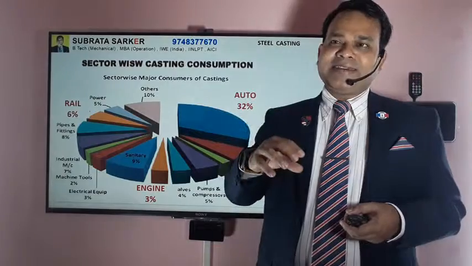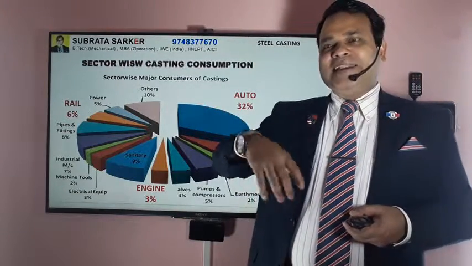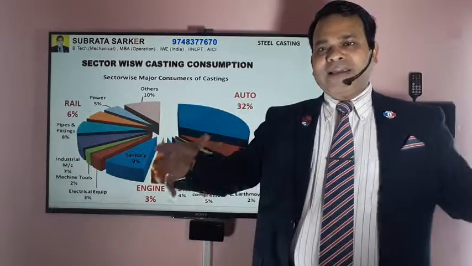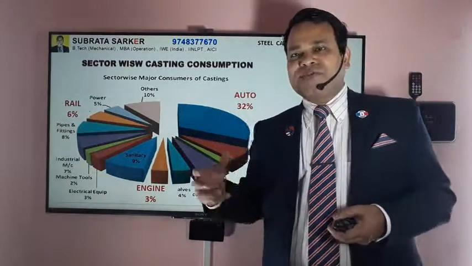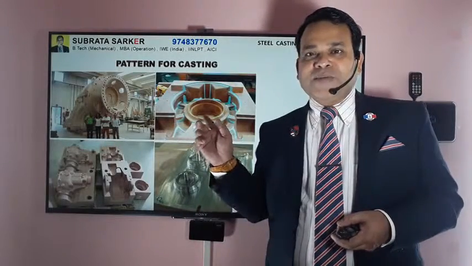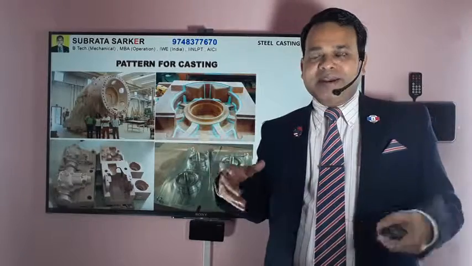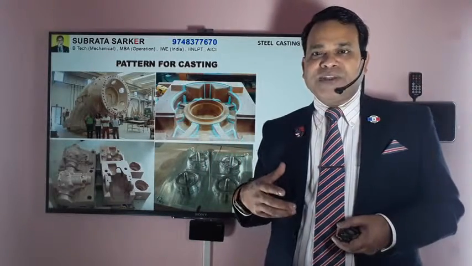There is an opening in the mold, and molten metal is poured into the mold. Then it solidifies. Then you break the mold, remove the solidified metal, clean it and do the further processing. This is called the pattern, the wooden pattern. It is as close to the size of the component as possible.